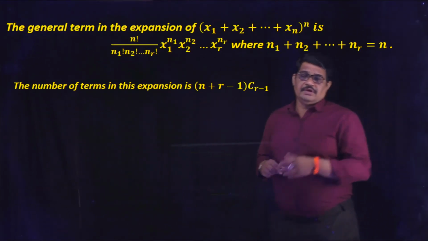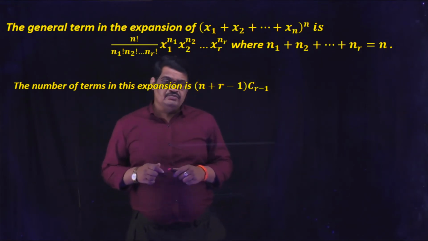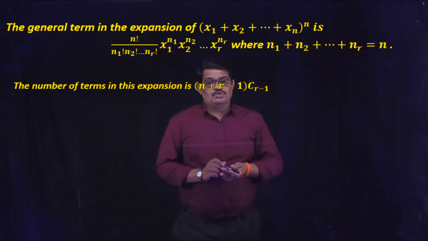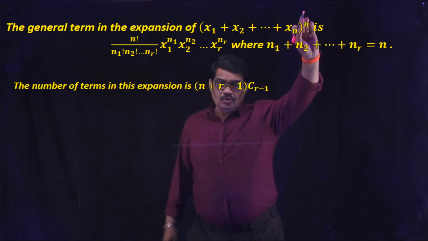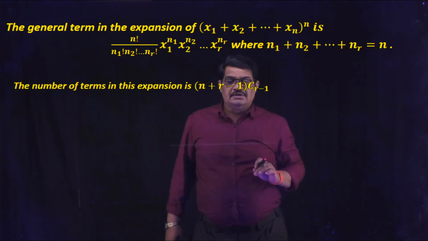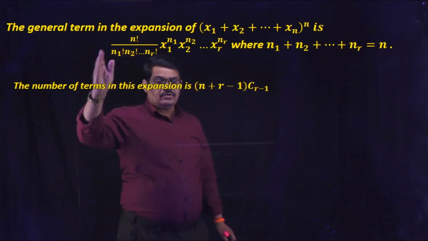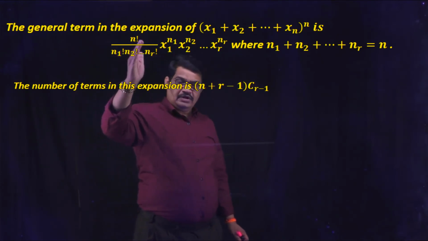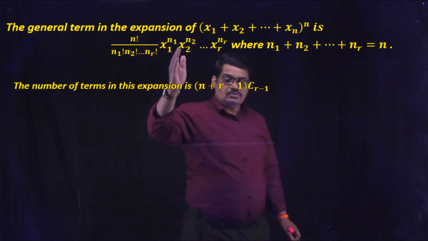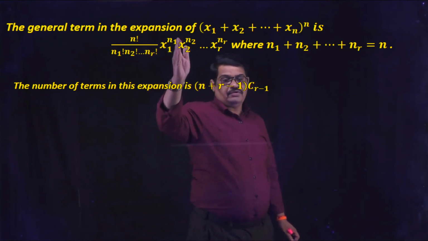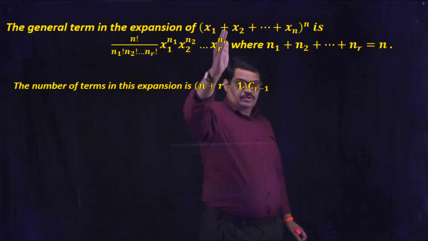Okay. Another concept. The general term in the expansion of (x1 + x2 + x3 + and so on + xn)^n is n factorial by n1 factorial into n2 factorial into n3 factorial and so on nr factorial, into x1^n1 into x2^n2 and so on xr^nr.